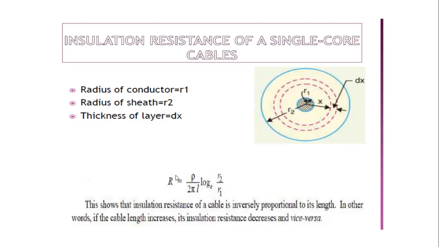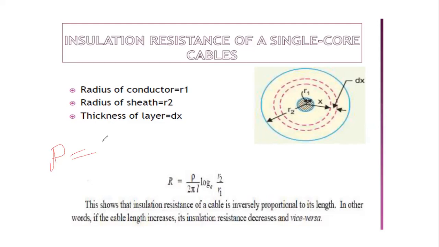Next, what is the formula for finding the insulation resistance of the cable? R is equal to rho by 2 pi L, where rho is the specific resistance.